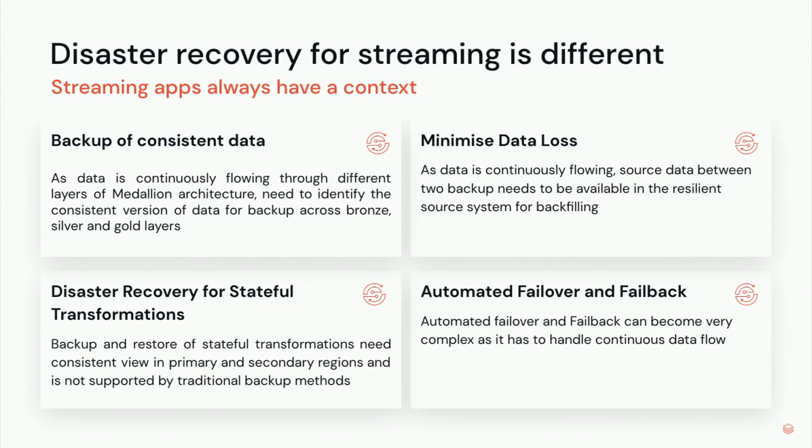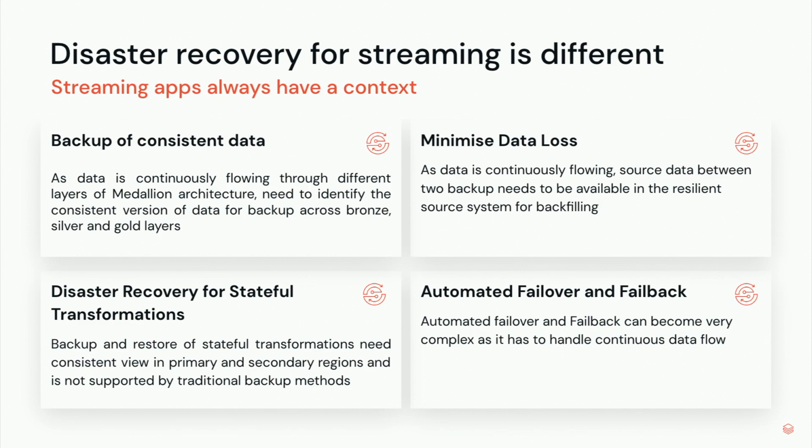So why do streaming apps have a special case here? Because streaming is a continuously running application, and it always has a context. For example, Spark streaming tracks the state of your ingestion, and depending on the transformations, maybe the state of your aggregations, everything in checkpoint.